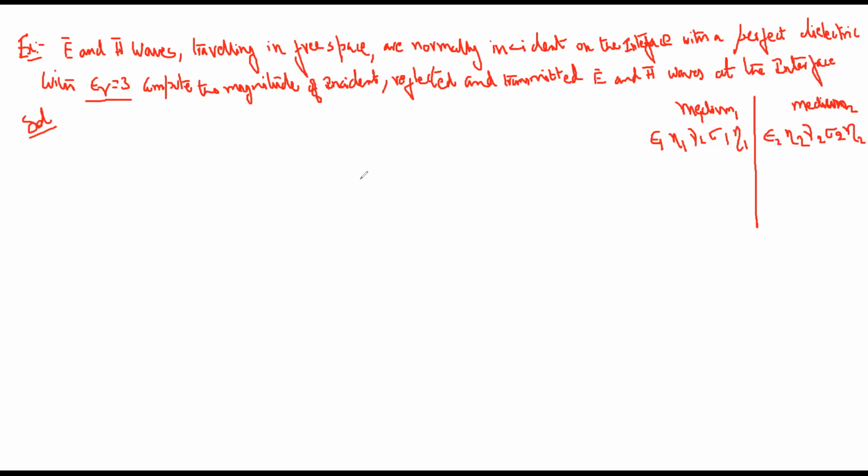Then they're asking to find the magnitude of the incident, reflected and transmitted E bar and H bar waves at the interface. Since it is a perfect dielectric, medium 1 is dielectric 1 and medium 2 is dielectric 2.